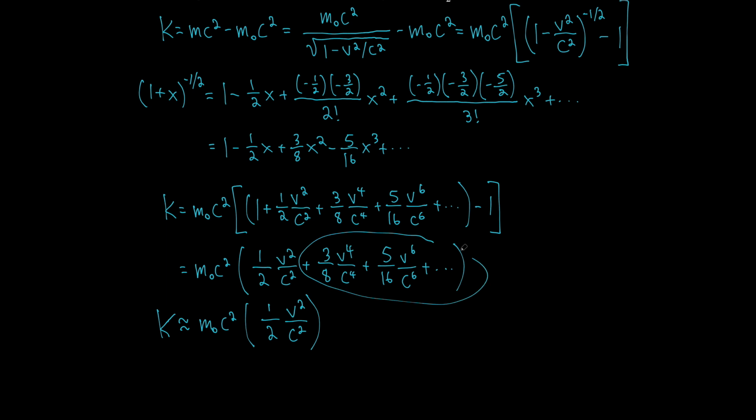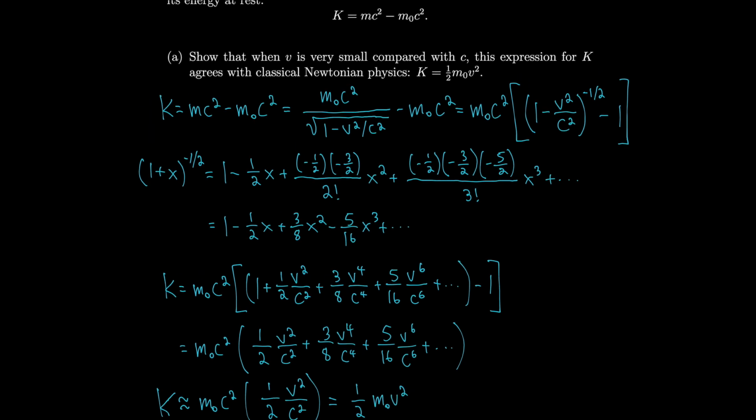So these terms we could think of as being roughly negligible. So we'll leave those out to do our approximation and just get half of, well, let's see, the c's cancel. So it's just half of m naught v squared, which is exactly what we wanted to show, that when v is very small compared to c, that's what happens.